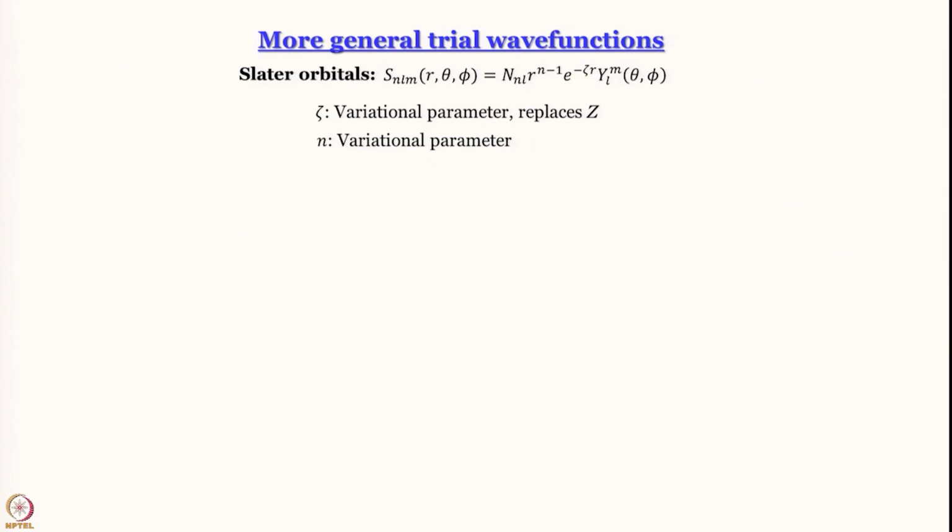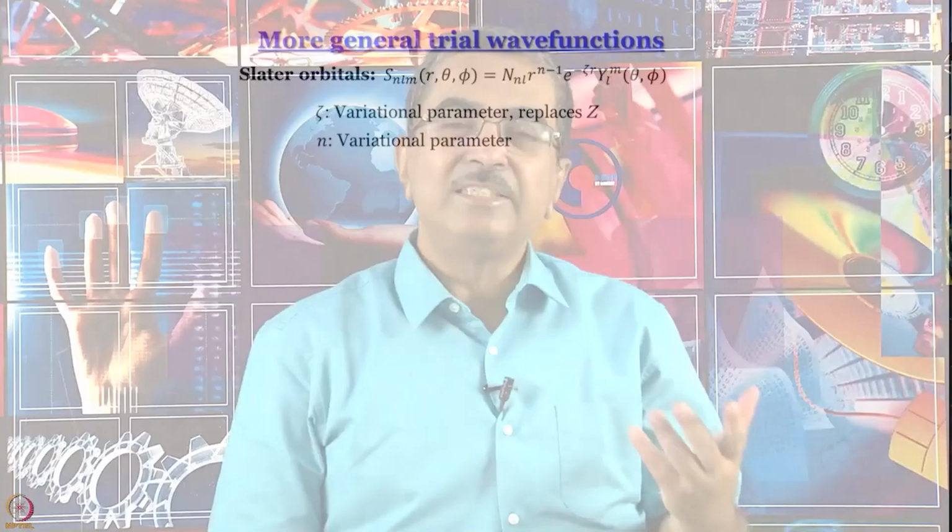We are trying to stick to 1 electron wave functions as long as we can, because they are familiar to us, we know how to handle them, and also many electron wave function sort of builds upon 1 electron wave functions, right. We can think that you start with 1 electron wave function, then add some complication, you get many electron wave function, many electron atom starting from 1 electron atom.